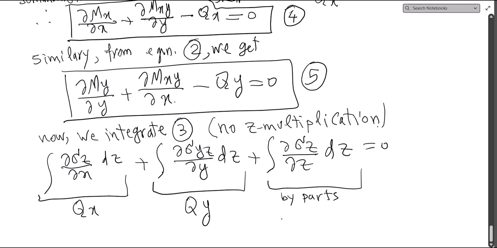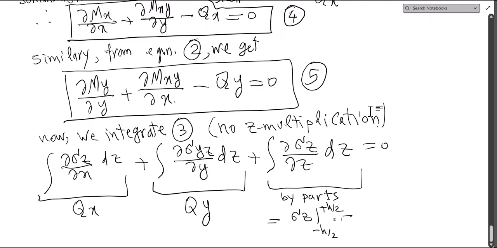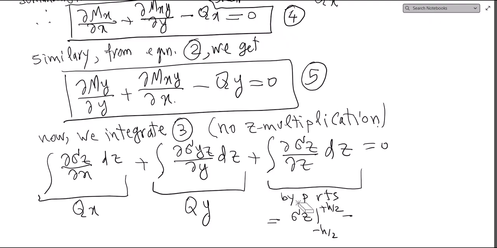Actually, we don't need by parts because this is already there. We don't need by parts. And this will become sigma z at the top minus sigma z at the bottom.